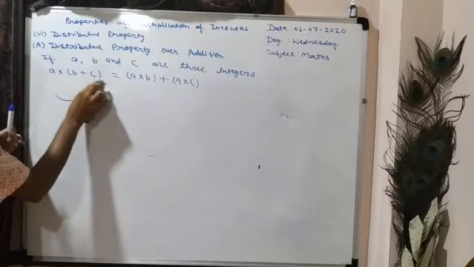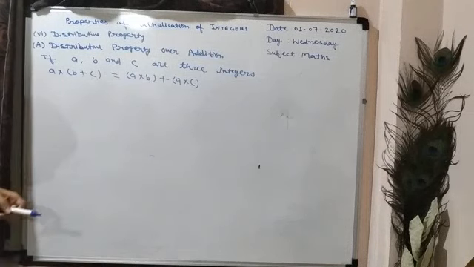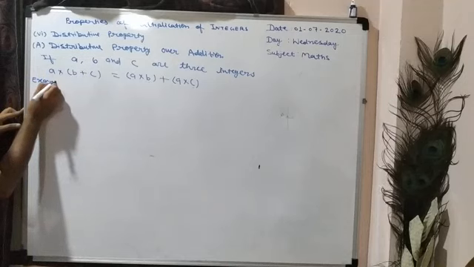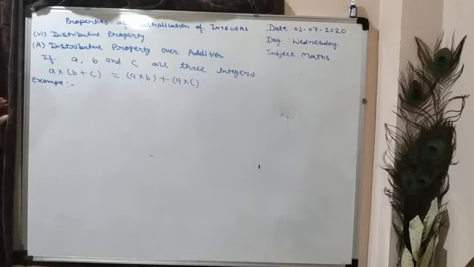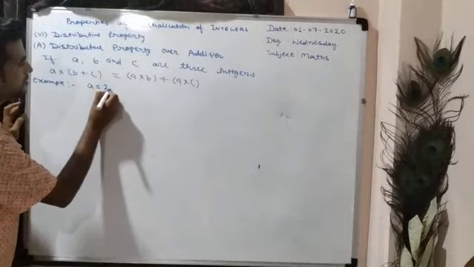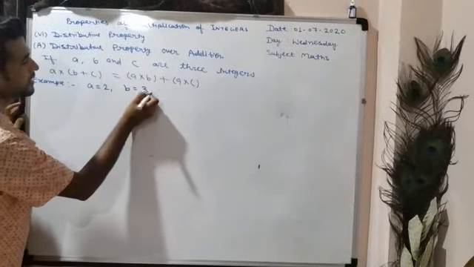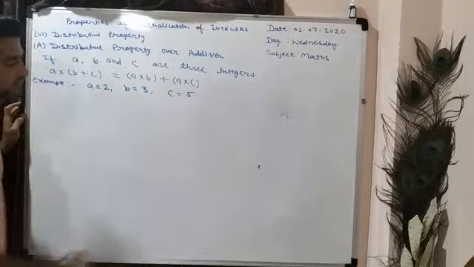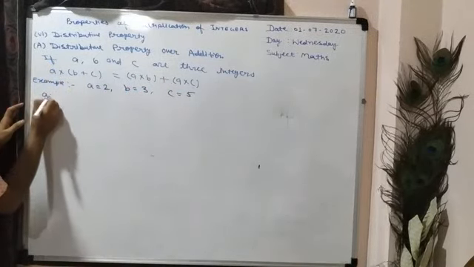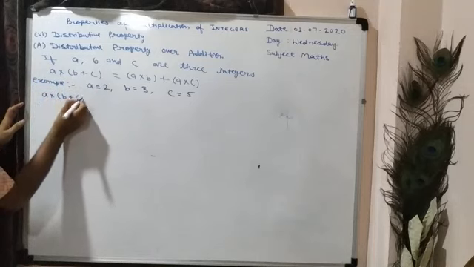Okay, with the help of an example we will check this property. We are taking the same integers as we have taken in the previous property: A is equal to 2, B is equal to 3 and C is equal to 5. First we will find A into B plus C, the LHS part.